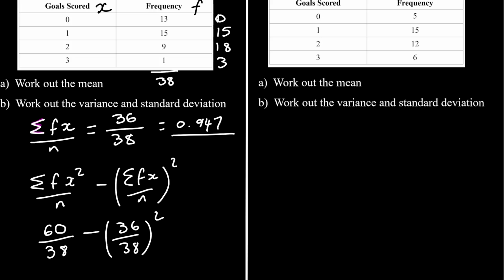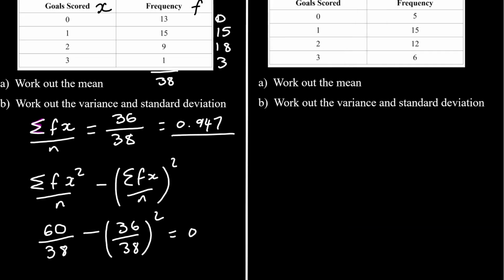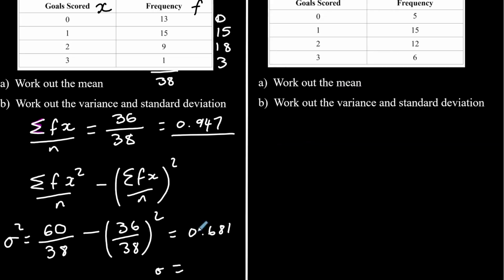So that's the mean of the squares minus the square of the mean again. And we get 0.681. And so the standard deviation, that's the variance. The standard deviation is the square root of that. And that's 0.825.